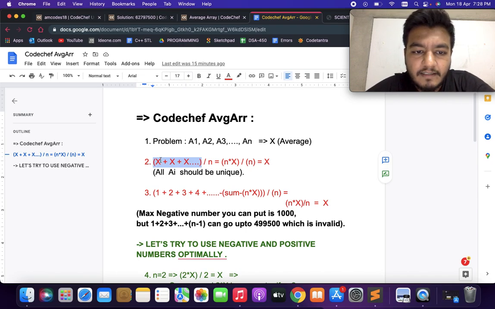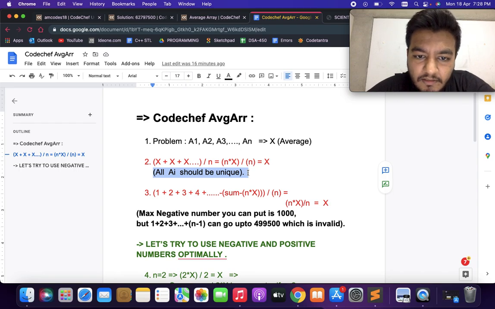Then if we place all of these n numbers as x, the summation of these n numbers will be n into x, and because there are n numbers, the denominator will be n, and n into x divided by n will be x. So this is correct, but in the question it's given that all of these numbers, all the A i, should be unique. So that's why this is not valid.